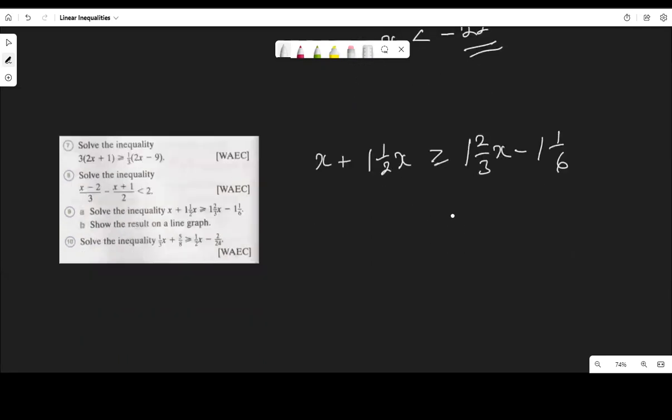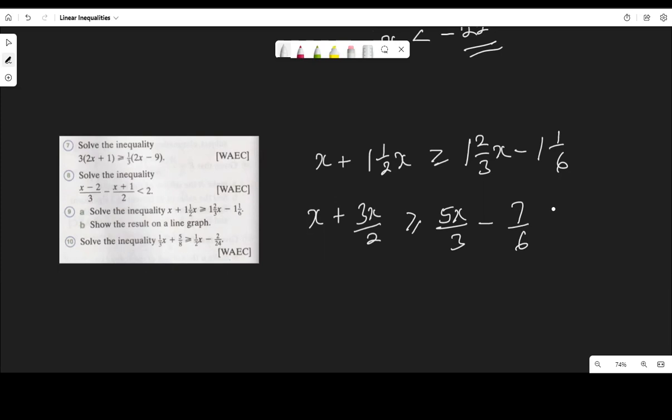Okay, first of all, these mixed numbers, let's convert them to improper fractions. So I have x plus 1 times 2 is 2 plus 1, 3x over 2, greater or equal to 1 times 3 is 3 plus this 5, 5x over 3, minus 1 times 6 is 6 plus 1, 7 over 6.